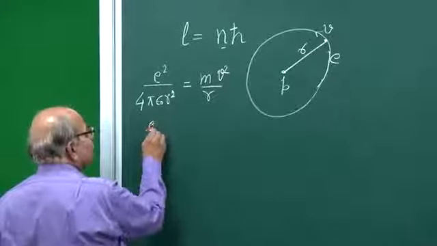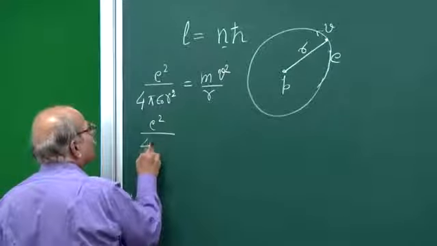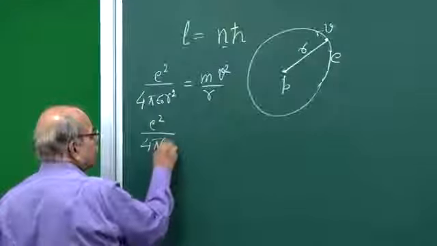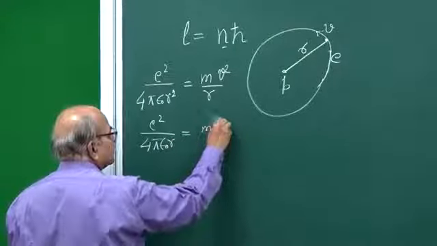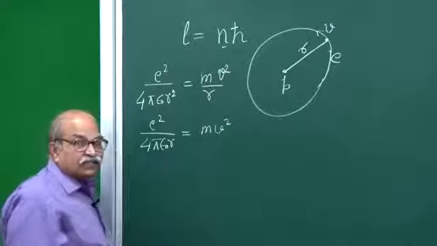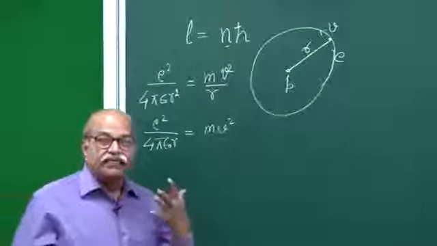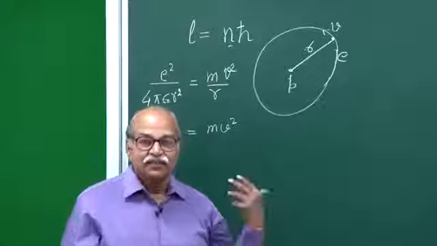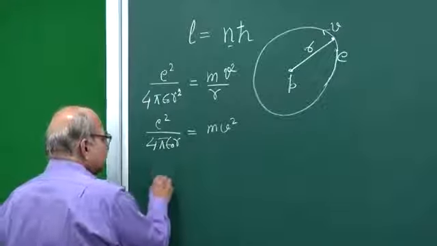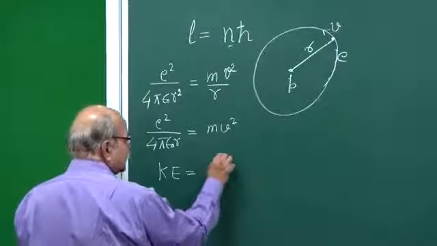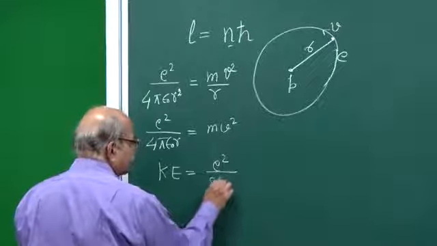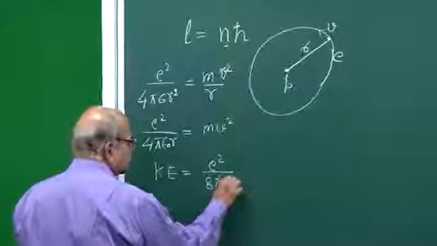So you have e square over 4 pi epsilon naught r equal to m v square. So you can write kinetic energy, half m v square, in terms of r: e square over 8 pi epsilon naught r.